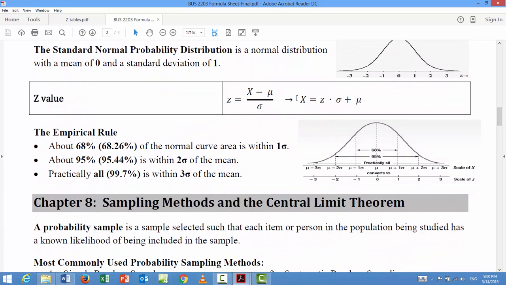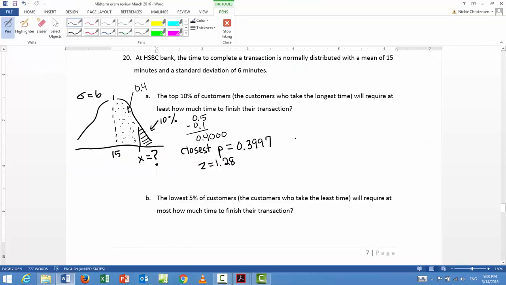Okay, they've even manipulated it, so you don't even need to know basic algebra. This is the formula we're going to use. So go back here. So the formula is x equals z times sigma plus mu. Okay? So we're just going to slot our values in.